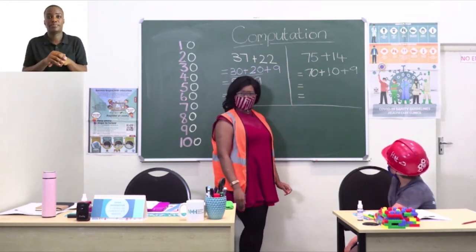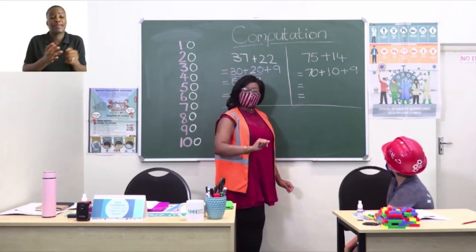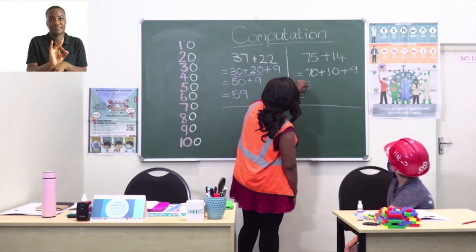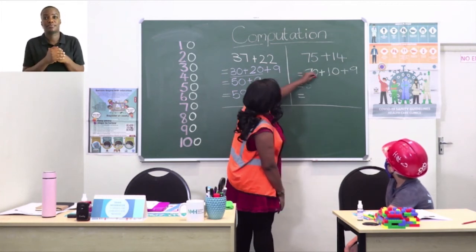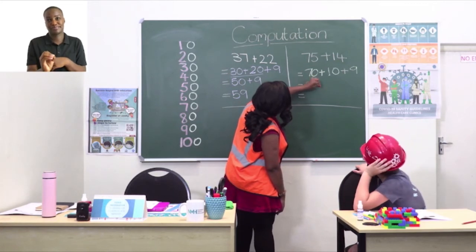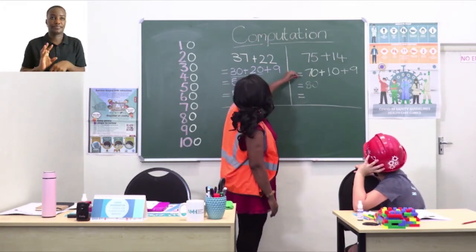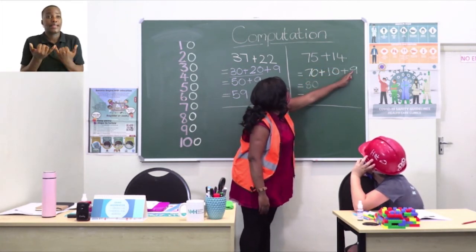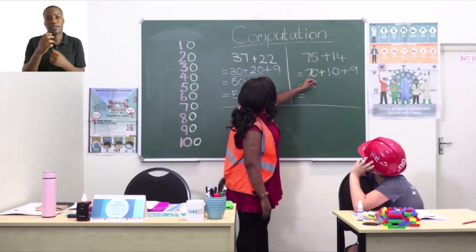So it now says 7 plus 1. And that is very simple. 7 plus 1 equals 8. So we put our 8 here. Then we bring down the 0. And since we are done with this part, we also need to bring down our 9.